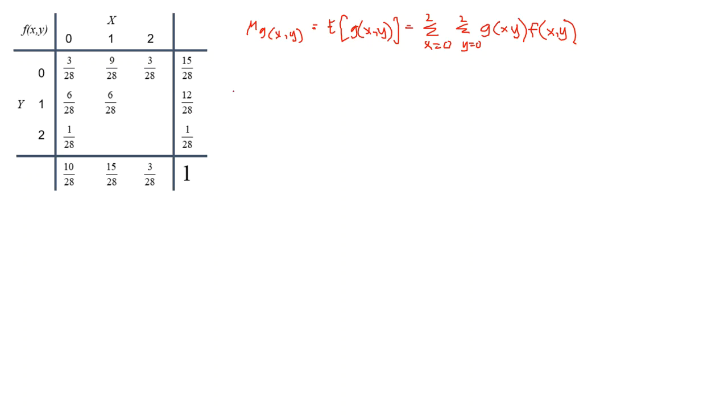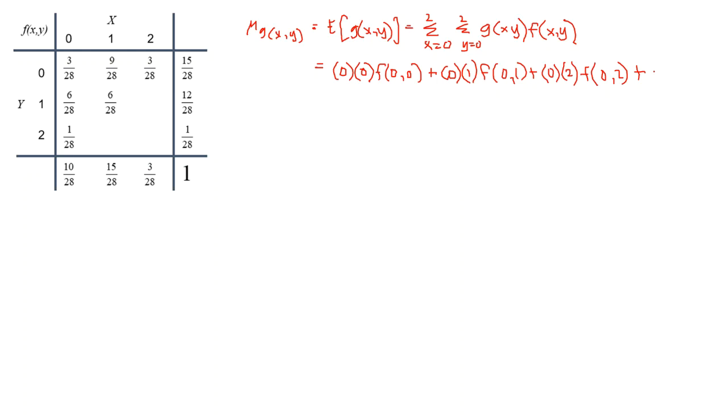So first, if our x and y are 0, we have 0 times 0, and the probability is f of 0 and 0. We also have plus, if our x is 0 and our y is 1, f of 0 and 1, and we have 0 and 2 times the probability of 0 and 2.